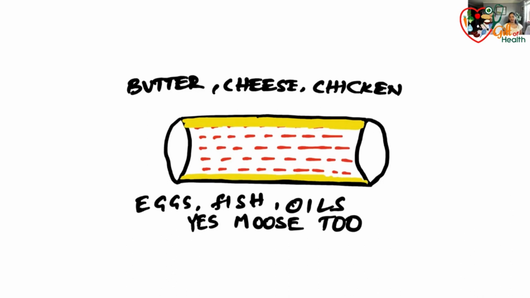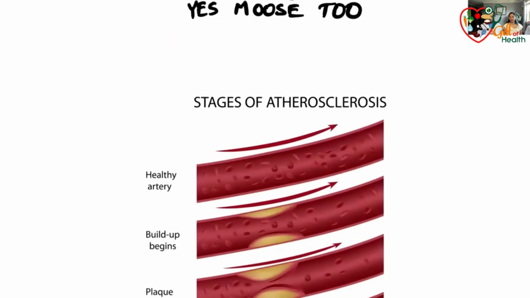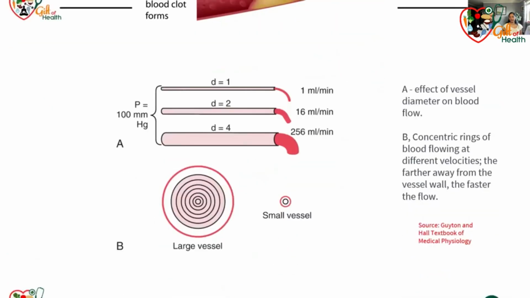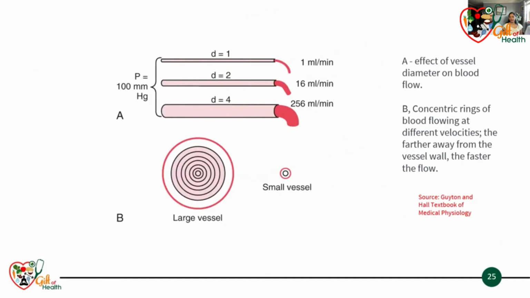The other thing is, as more and more fat gets deposited, the lumen, or the size of the blood vessel, the area that is there for the blood to flow, decreases. So as the size decreases, the pressure goes up. This is a wonderful demonstration.